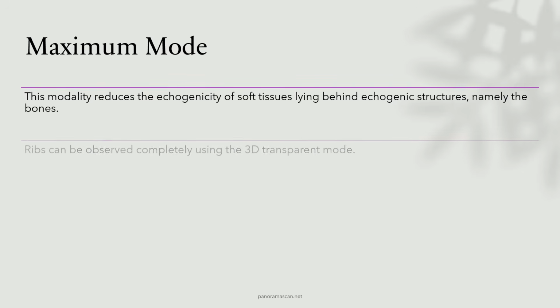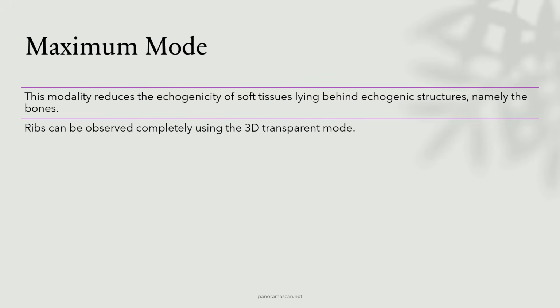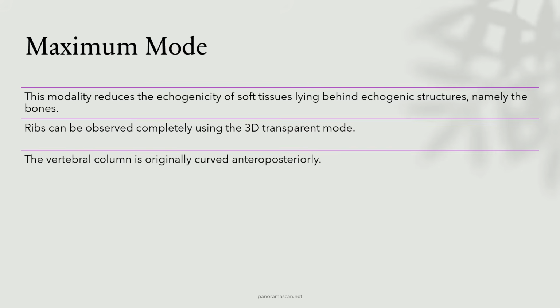In maximum mode, curved bones like the ribs, mandible, and clavicle can be visualized in their entirety in a single image, which is often difficult to achieve with 2D sonography due to their curvature. This feature improves visualization of skeletal development in fetal imaging.